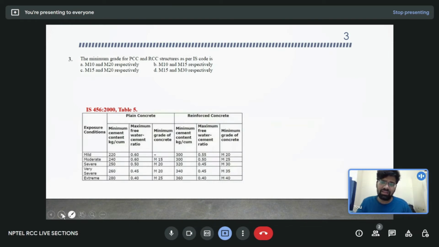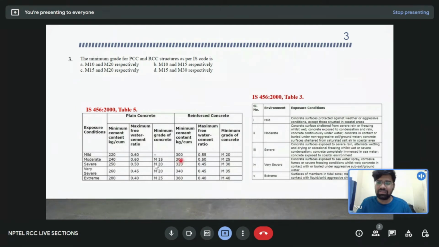I have also displayed the different exposure conditions. All of these are mentioned in different tables of IS 456, so you can pause the video and read it. The correct answer for this question is answer C, M15 for PCC and M20 for RCC.